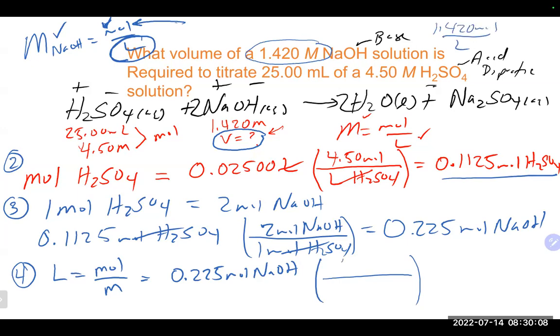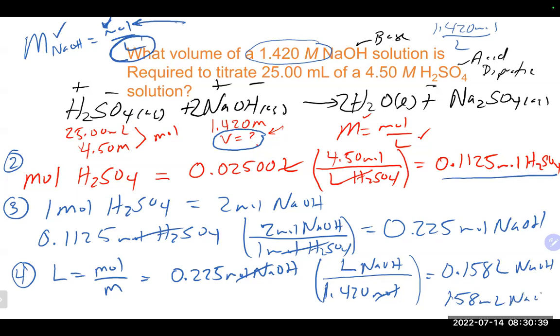I want liters up on top of sodium hydroxide, and the moles on the bottom. That is our molarity basically. We divide by 1.420, which gives us 0.158 liters of sodium hydroxide, approximately 158 milliliters of sodium hydroxide.